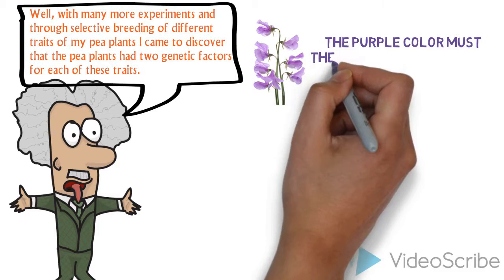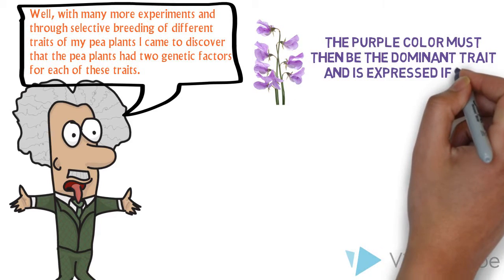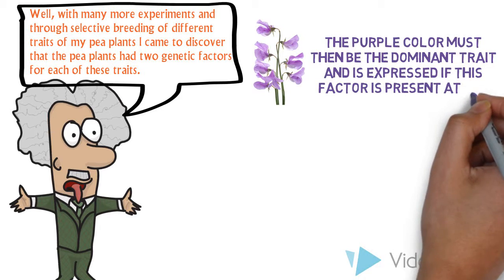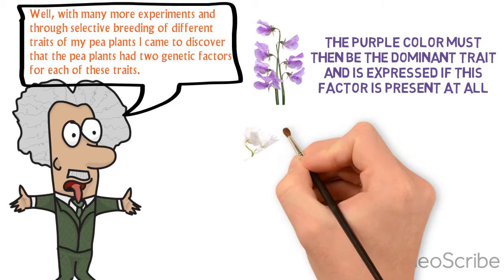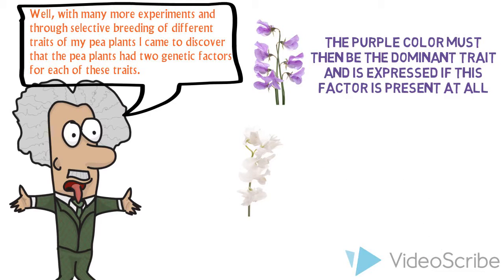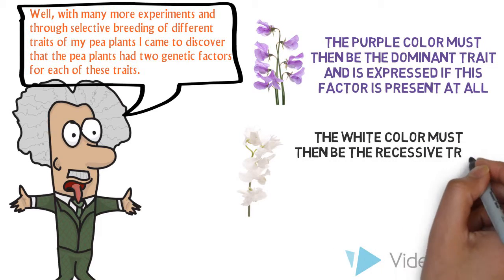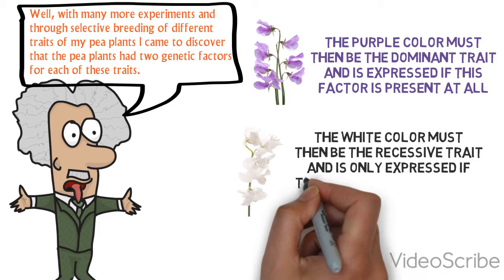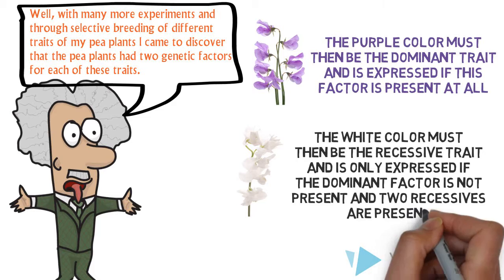This trait is expressed if the factor is present at all. The white color then must be a recessive trait. The white recessive trait is only expressed if the dominant factor is not present. Therefore, 2 recessives must be present to get a white.